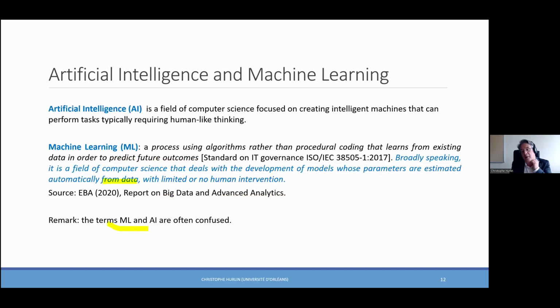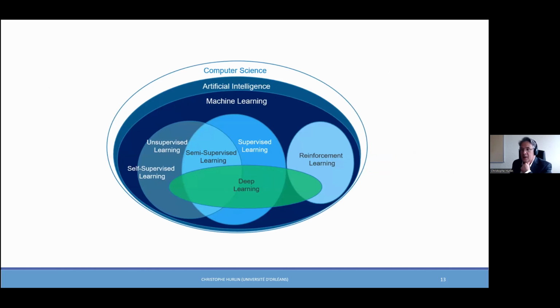In general, ML and AI are often confused, but you just have to understand that ML is a subfield of AI. So we have this type of graph: computer science, a subfield is AI, and a subfield of AI is machine learning.